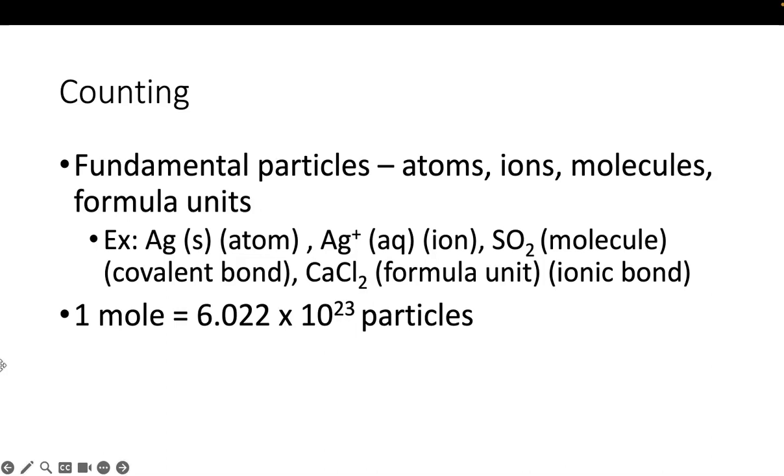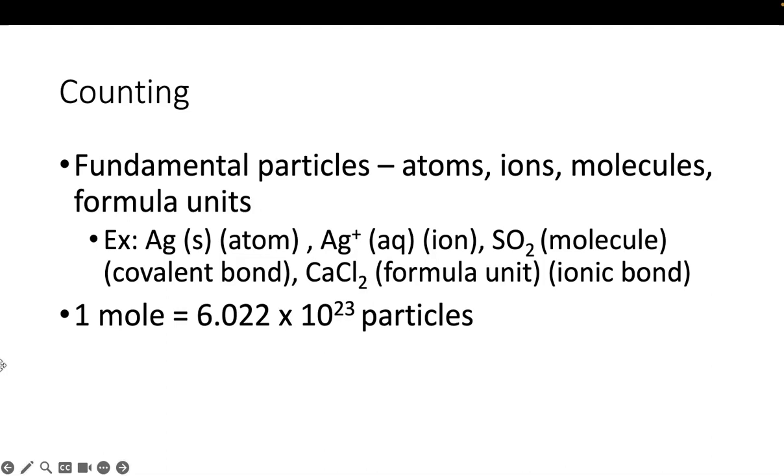It can be plus or minus, but it has to have some charge. We can have a molecule. A molecule is a compound held together by a covalent bond. So sulfur dioxide, water, or carbon dioxide. All those things are nonmetals bonded to nonmetals, and therefore they're considered molecules.